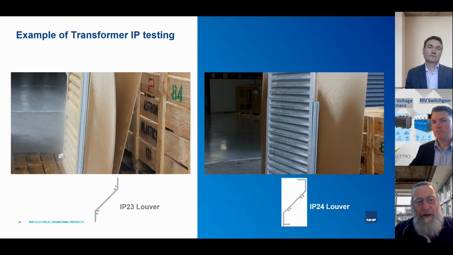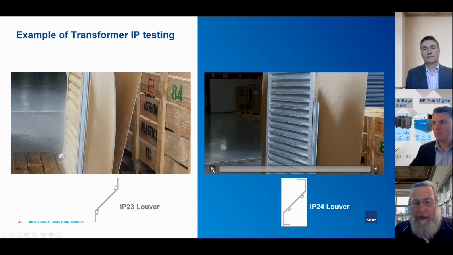The same customer was involved in a project in Victoria. Part of the design technical requirements was that they wanted us to change the louver profile to prevent the water getting through and into the bunding. At the bottom of those slides, you see the two different types of louvers that were used. This is part of our testing to see how effective the new louver type was at preventing water getting through. If you just want to play that second video for me, Nick.